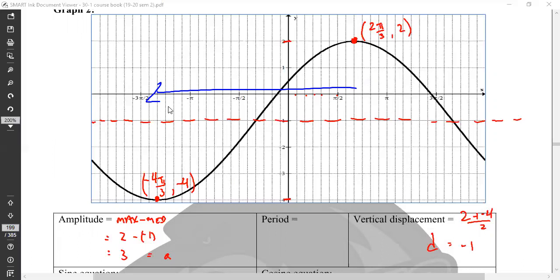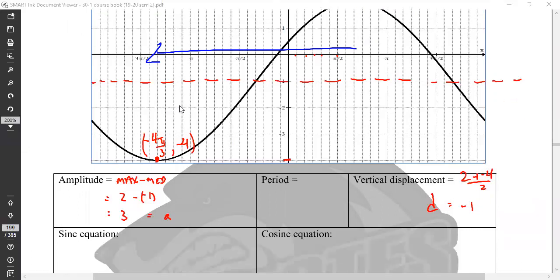So a period ends up being the difference between those 2 points, so 2 pi thirds minus -4 pi thirds. If I subtract them, that's going to give me that horizontal distance, but I'm going to need to multiply it by 2. I get 6 pi thirds in the brackets there, times 2 is 12 pi thirds, altogether is 4 pi.